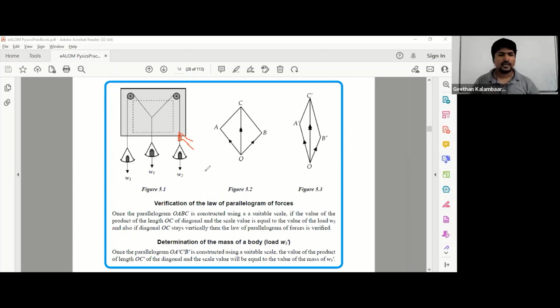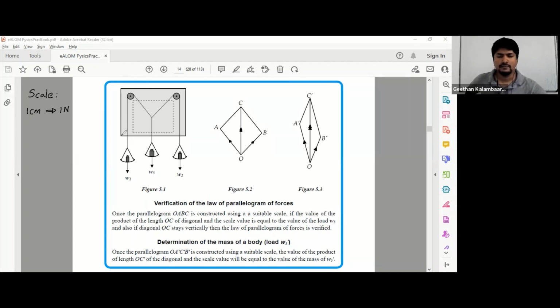First thing is that since you know these masses, you can introduce a scale, a mass and length scale. I will write a dummy scale here. My scale is that 1 centimeter represents 1 Newton.